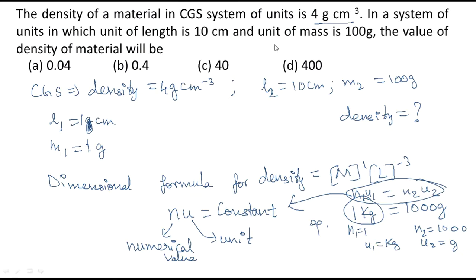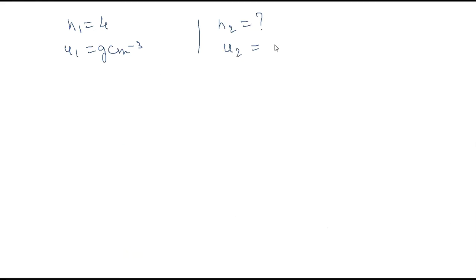Coming to the problem, we know N1 is equal to 4, U1 is equal to gram per centimeter cube. N2 we have to find in the new system of units. We know U2 is equal to 100 gram and 10 centimeter. This 10 centimeter is for length L2, and 100 gram is for mass M2.